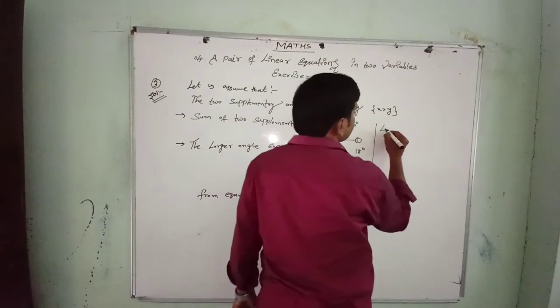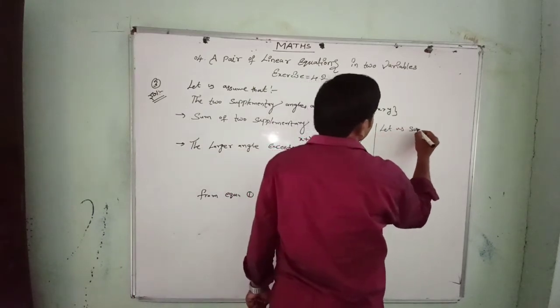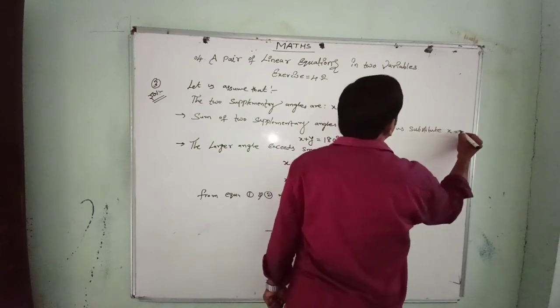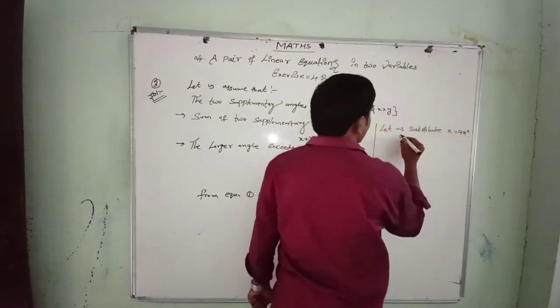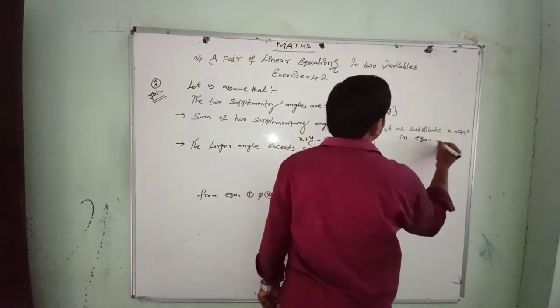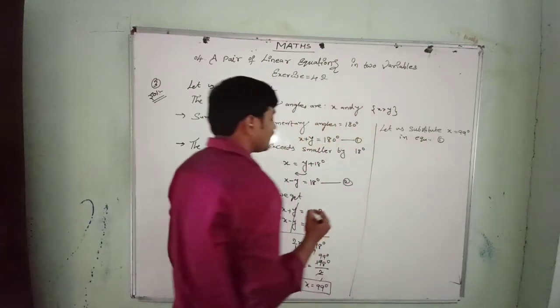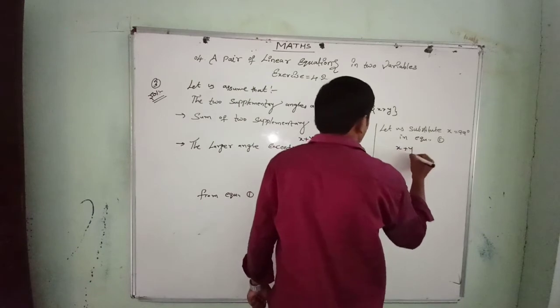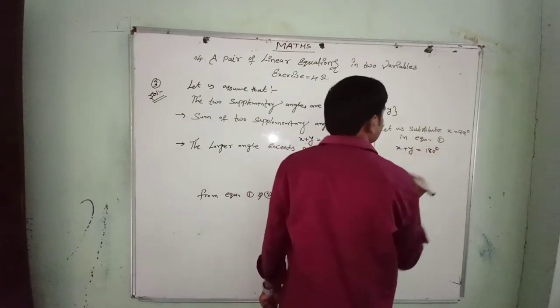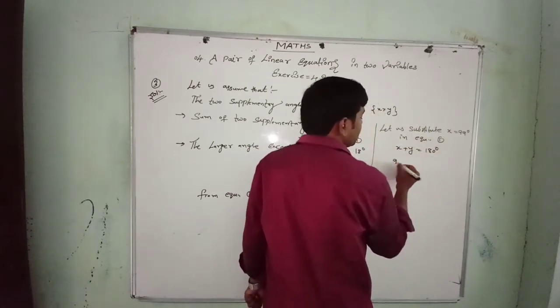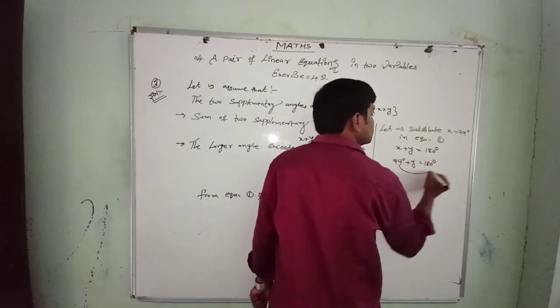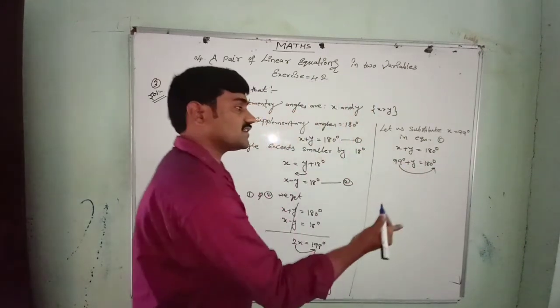Let us substitute x equals 99 degrees in equation number 1, that is x plus y equals 180 degrees. So x is 99 degrees plus y equals 180 degrees. This 99 degrees will transfer to the other side.